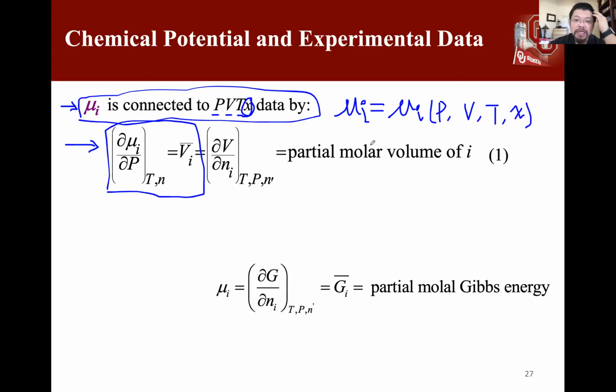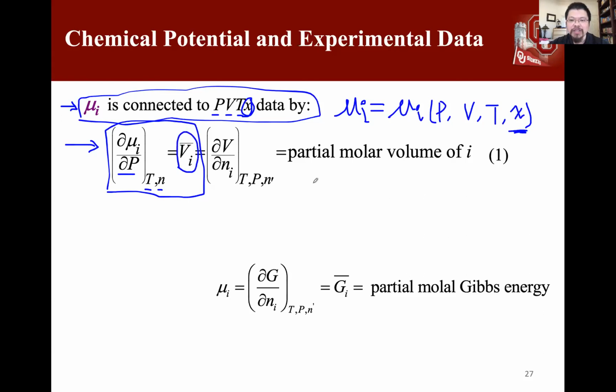And we have this surprising result when we take the first partial derivative, with respect to pressure while keeping the temperature and the composition constant.